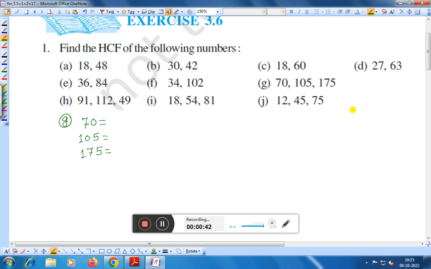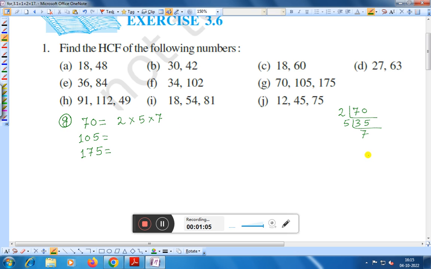First of all, we find the factors of 70. Dividing by 2, we get 35, since 2 times 5 is 10 and 5 times 7 is 35. Therefore, you can write 2 into 5 into 7.